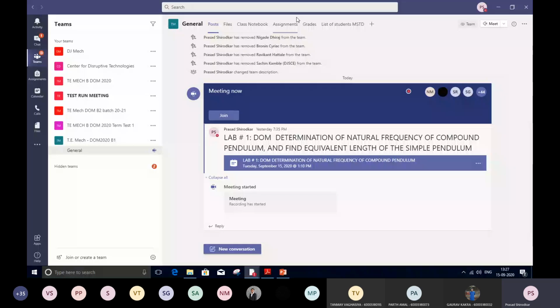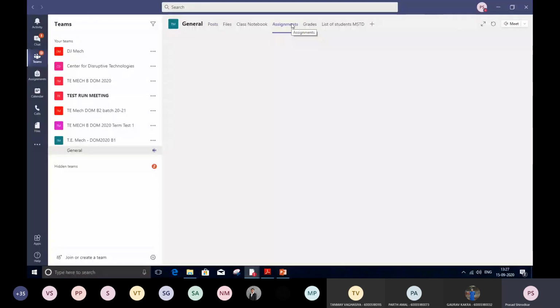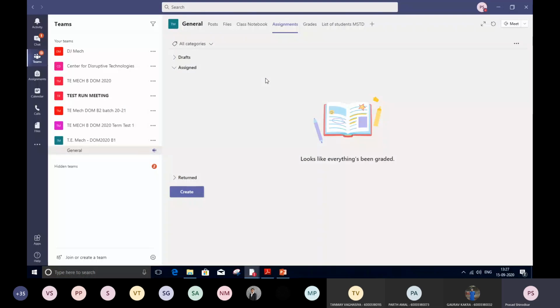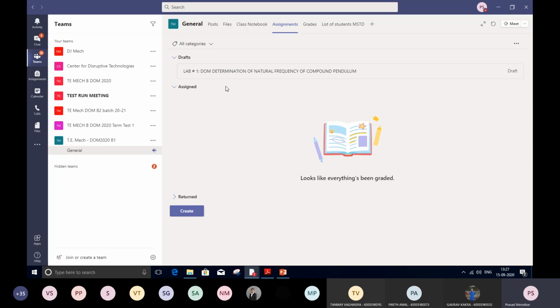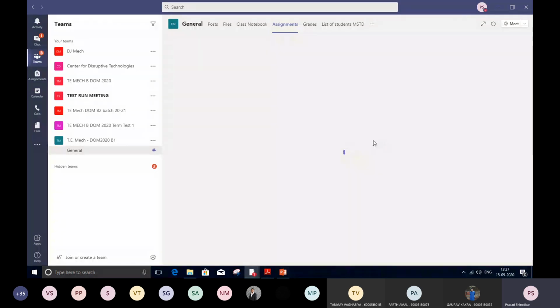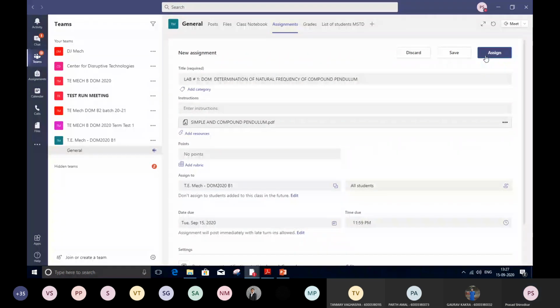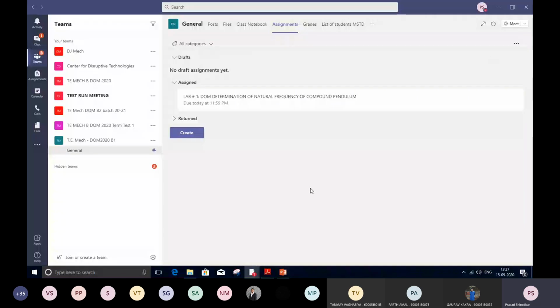In that, go to assignments. In that you will see one assignment, lab number 1, DOM determination of natural frequency of compound pendulum.